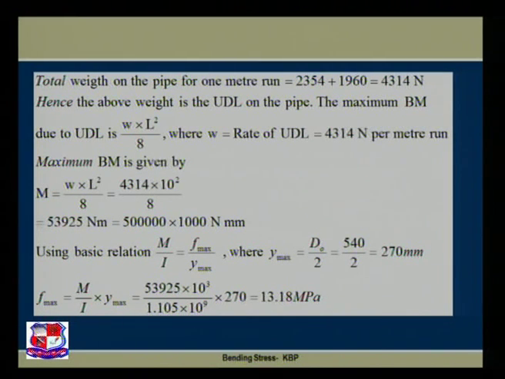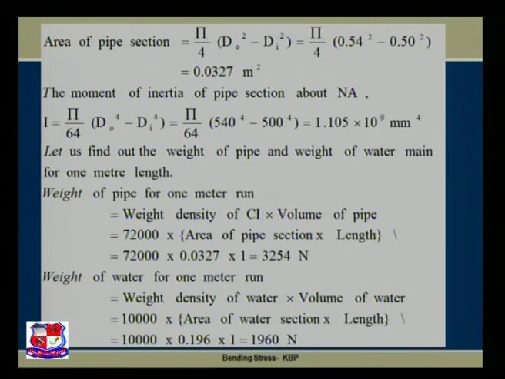Now, what is the total weight for 1 meter run? It is the summation of both, the weight of the cross section, that is 3254 Newton, plus the weight of the water, because water is passing throughout the water main.